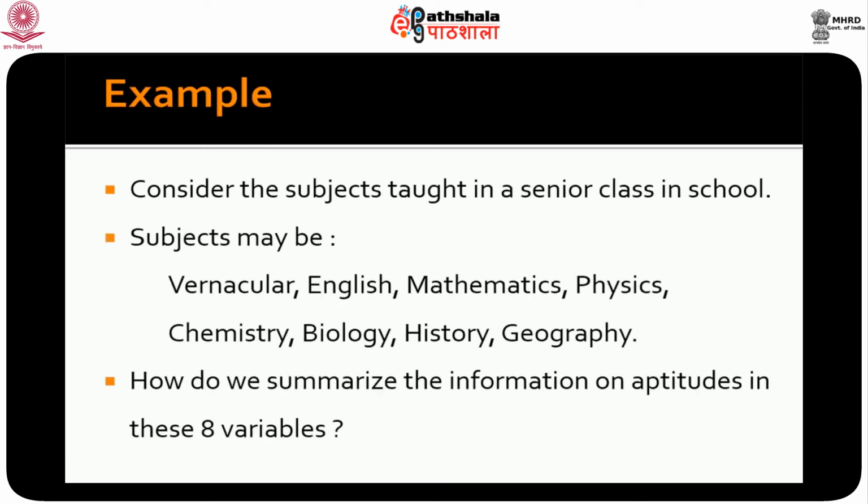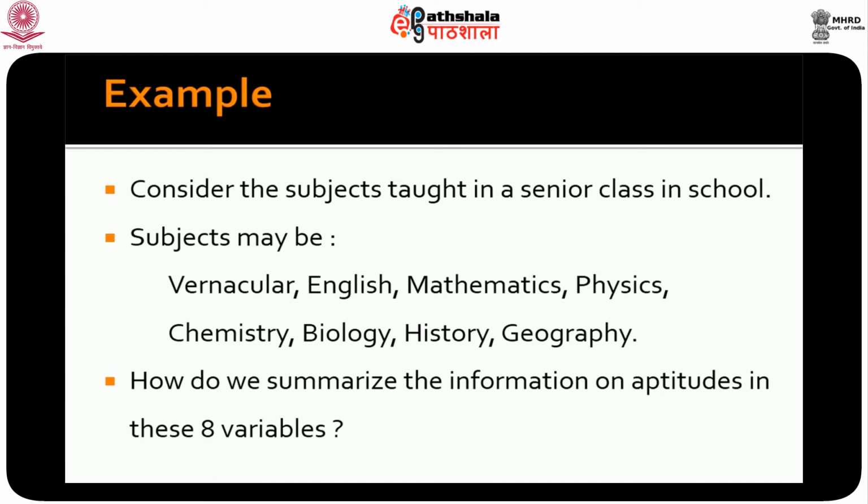As we all know, when you are in school, you need to learn a number of subjects, and this may include vernacular, English, mathematics, physics, chemistry, biology, history and geography. And at the end of the term you have a test. When you do the test, what exactly are we trying to look at? We are trying to look at the student's aptitude.